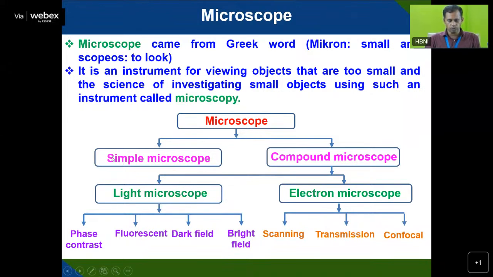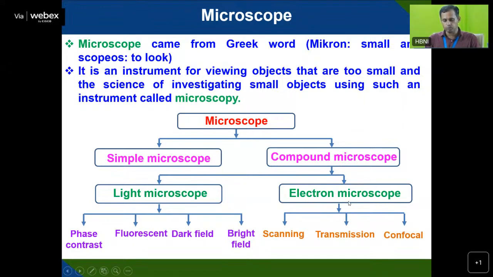Microscopes can be divided into two types: first, the simple microscope, and another, the compound microscope. The simple microscope means the light microscope, mainly the optical microscope. You have the phase contrast microscope, the fluorescent microscope, and you can use dark field or bright field microscope. These are mostly light microscopes. Compound microscopes are divided into two, light microscope and electron microscope.